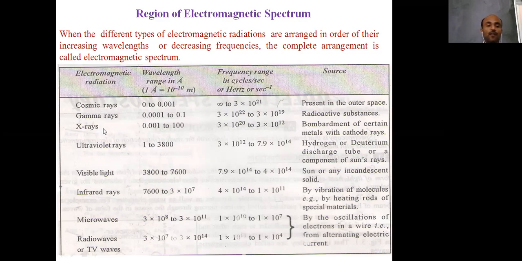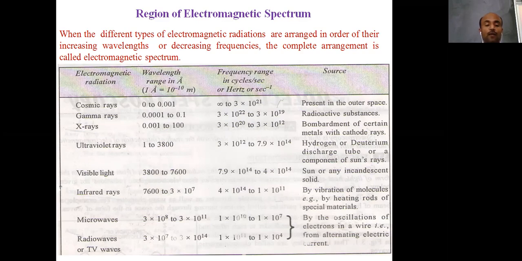The next region of the electromagnetic spectrum is X-rays, whose wavelength is 0.1 to 100 angstrom, and frequency is 3 × 10^20 to 3 × 10^12. X-rays are emitted by the bombardment of certain metals with cathode rays.